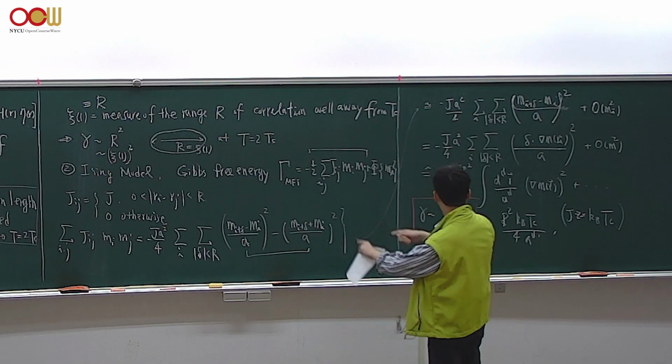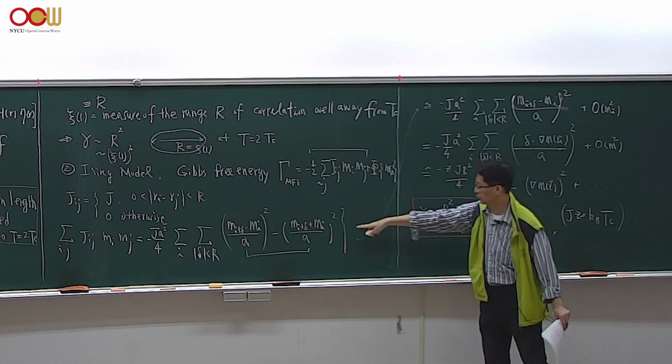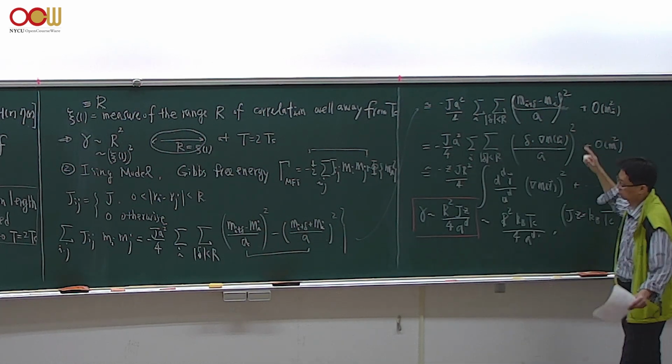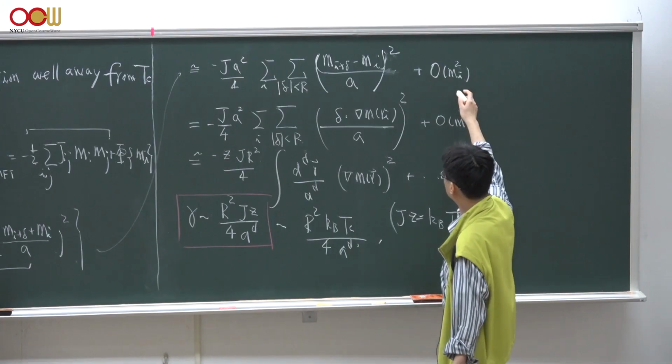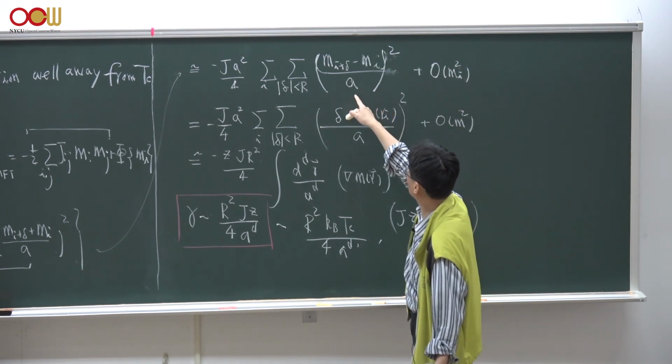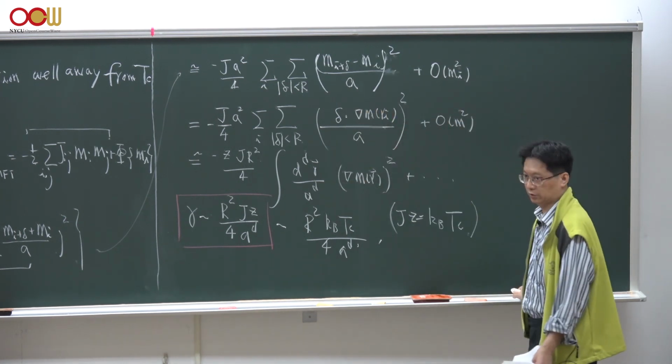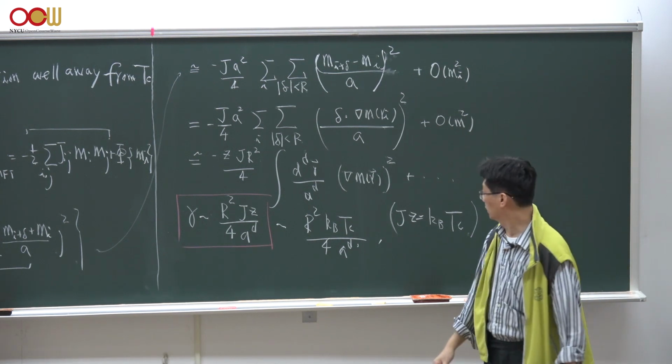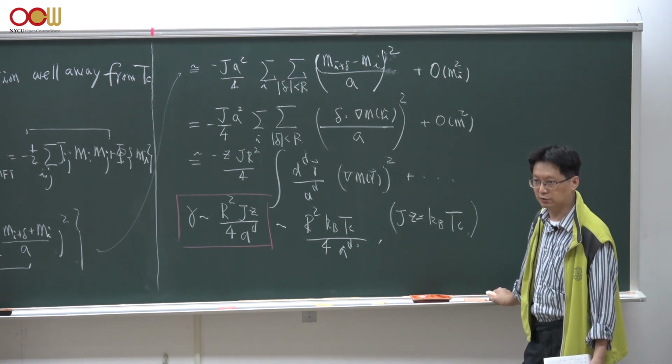Then you can estimate these two terms, and the leading contribution comes from the gradient term, which carries an energy penalty that minimizes the difference between adjacent block spin values.